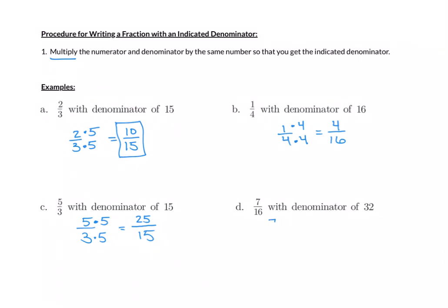And last one. How do I get from a denominator of 16 to a denominator of 32? We're going to multiply by 2. Whatever we do to the bottom, we do to the top. 7 times 2 is 14.